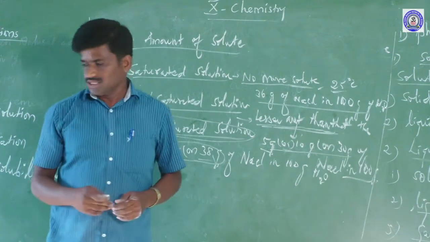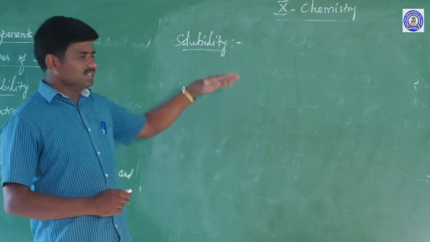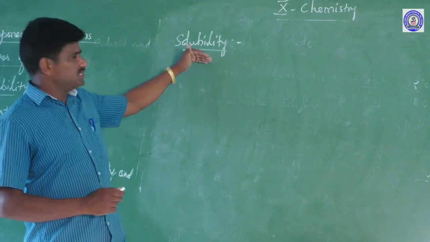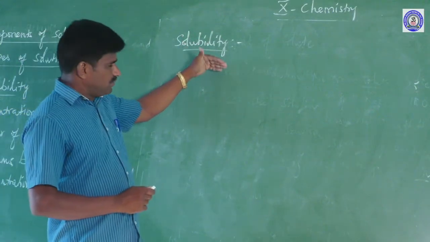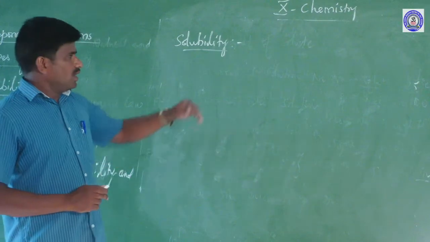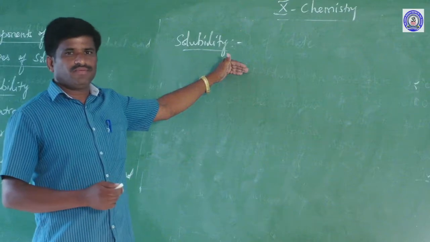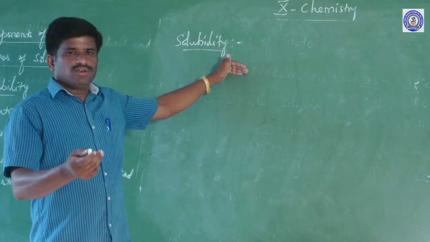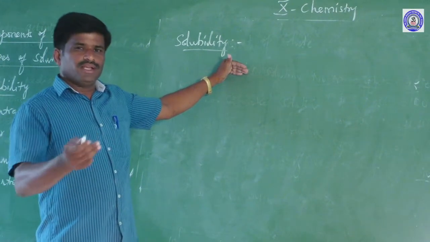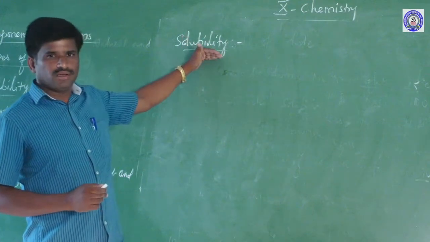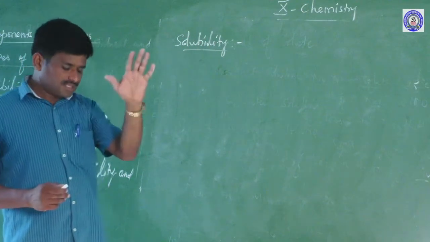Next topic of the lesson is solubility. The definition of solubility is the number of grams of solute needed for saturation in a definite amount of solvent at a given temperature and pressure. When we take an example, you can understand it clearly.